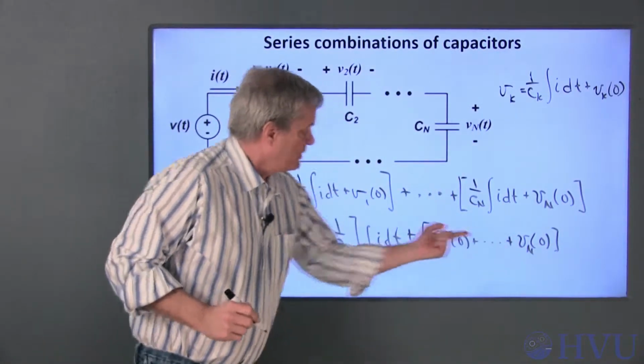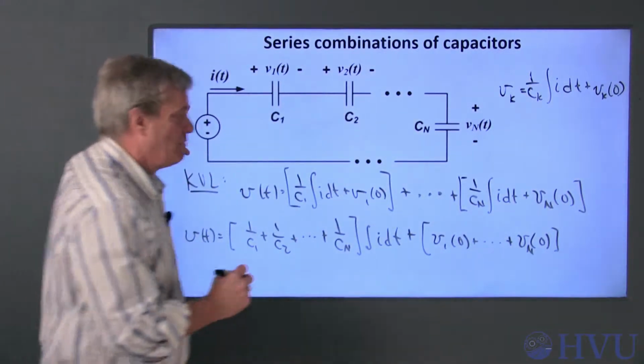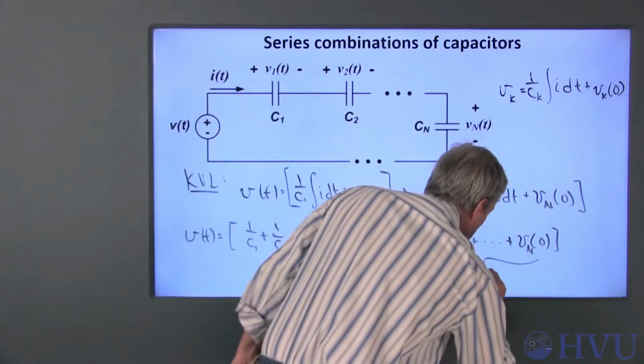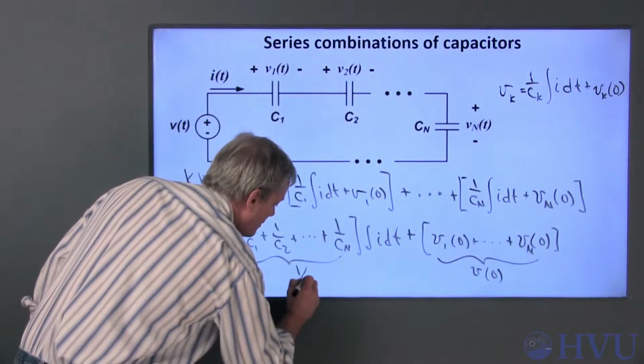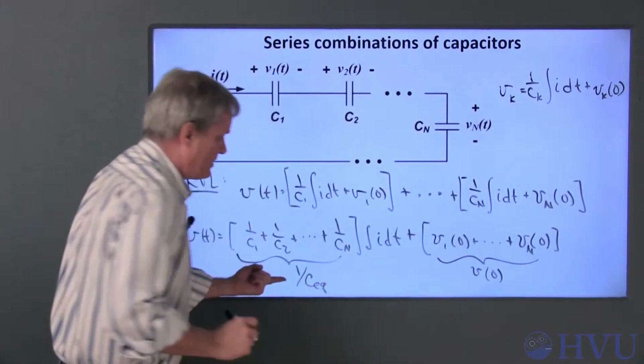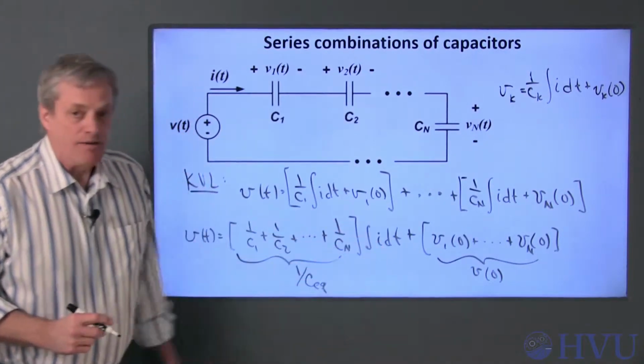The sum of these voltages is just this voltage at t equals 0. So this becomes V at 0. This looks like 1 over an equivalent capacitance times the integral of I dt.